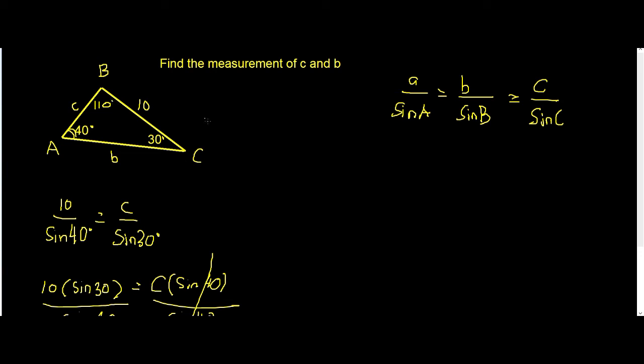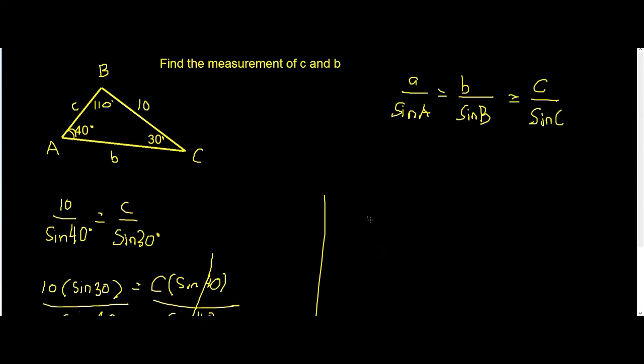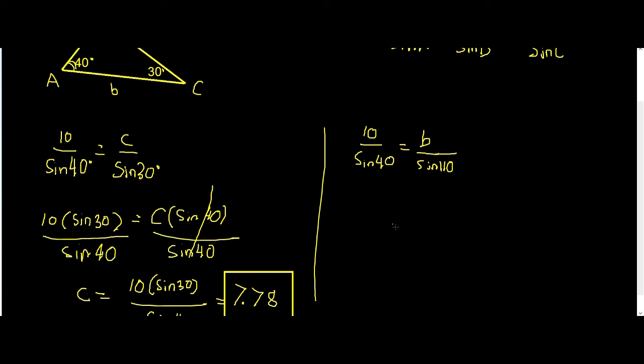And again, since si A over sine A ang kompleto, we use 10 over sine 40. It's equal now to your B, which is missing, over sine 110. Then, cross multiply again.